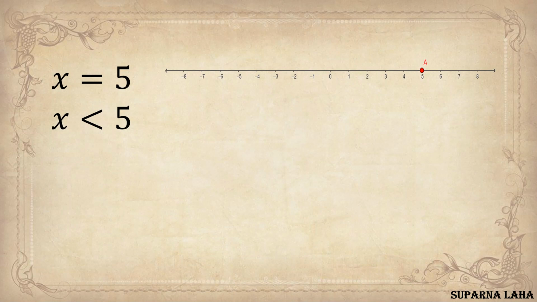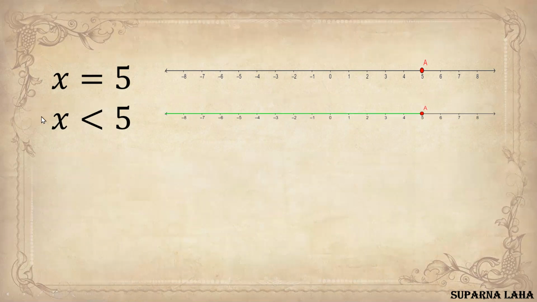If we want to plot x less than 5 on the number line, it will look like that. Except this point 5, all the numbers before it belong to this collection, that is x less than 5. All the real numbers less than 5 are represented by this number line.